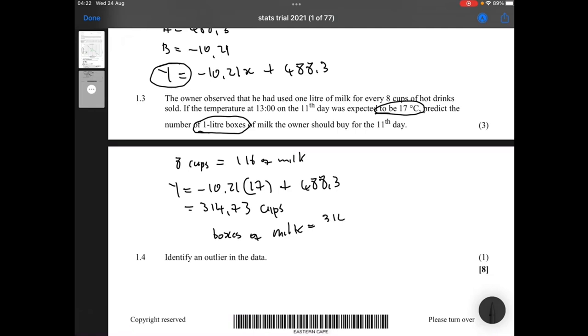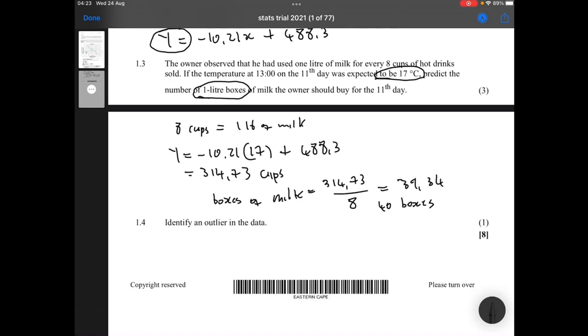So we have 314.73 divided by 8, which is equal to 39.34, right? So it seems like we're going to need 40 boxes of milk, right? You cannot have a third of a box. So we're going to need 40 boxes of milk.